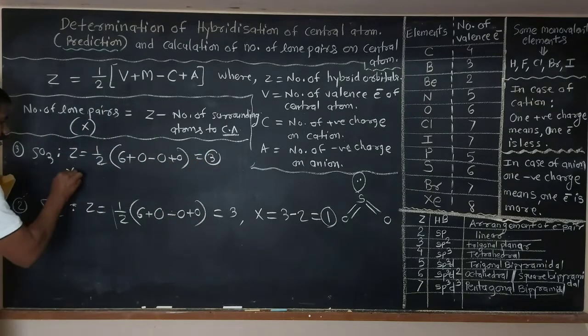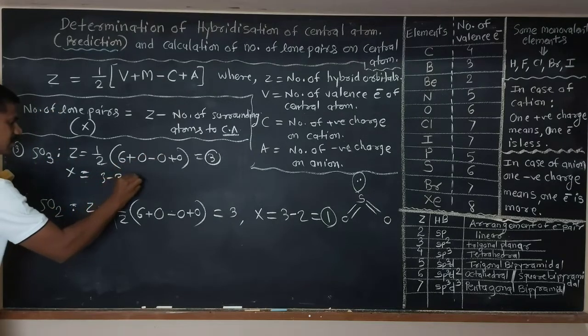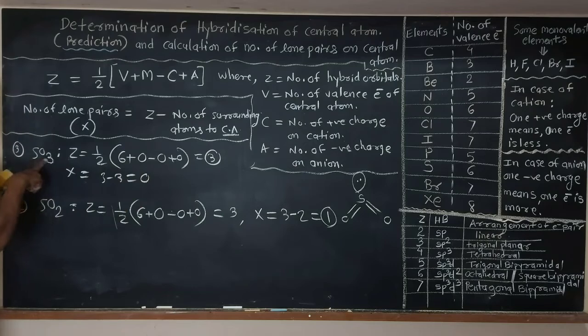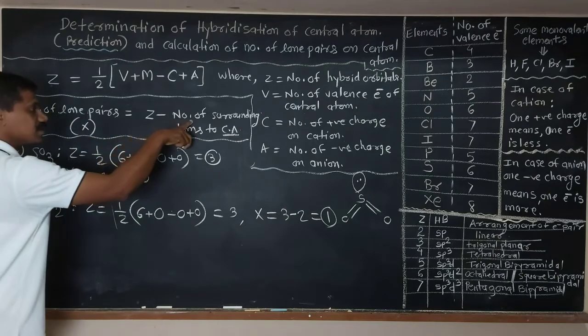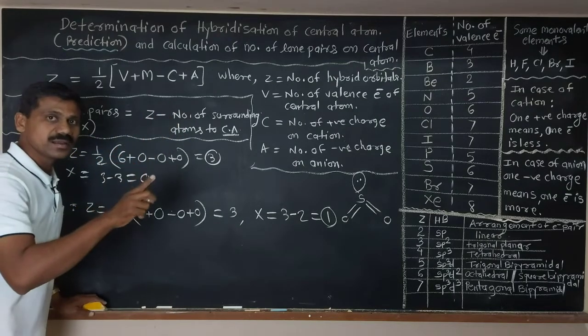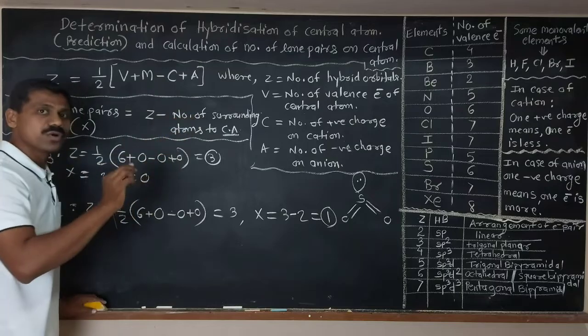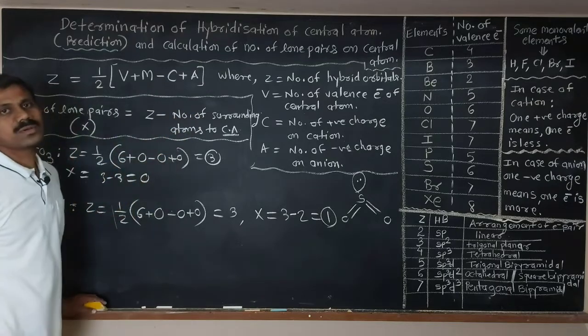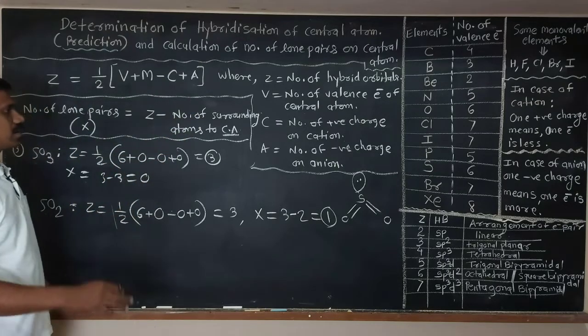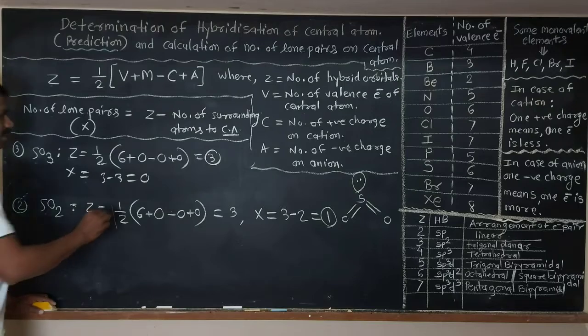What is x? x is 3 minus 3, which is 0, because 3 are the surrounding atoms. They need not be monovalent, they are valid even if not.